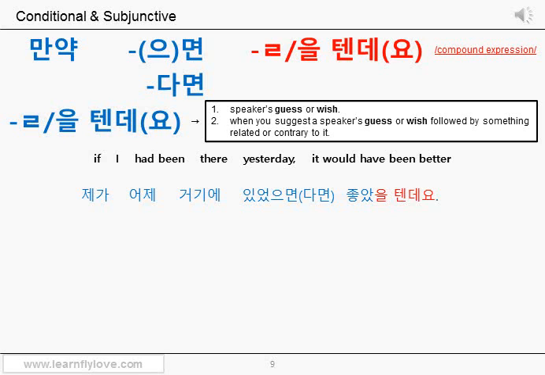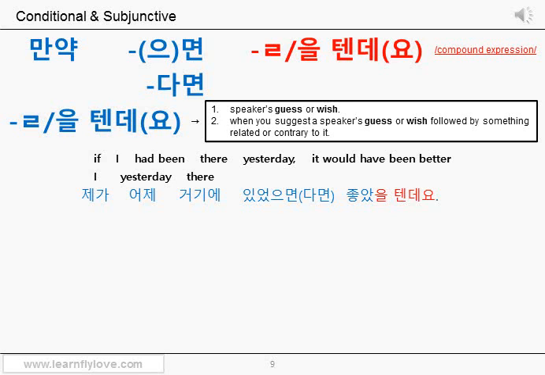You don't have to use 만약 when you make a conditional sentence in Korean. No problem at all. Because the connective ending 으면 or 다면 will do the job. Okay? 제가, I, 어제, yesterday, 거기에, there. We use the particle 에 that indicates the location. 거기에.